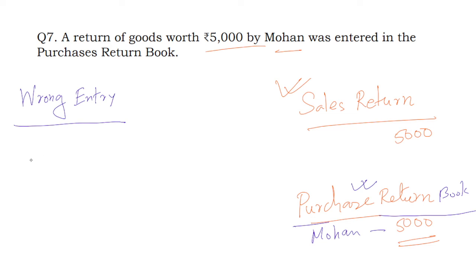Purchase return means we are returning purchases. So the entry was passed like this: Mohan debit 5,000 to purchase return, because goods are going out. This is the wrong entry.